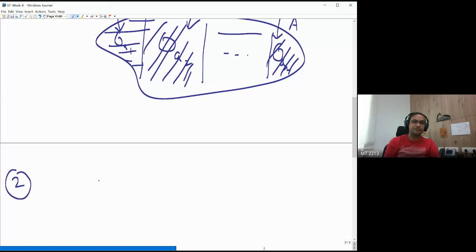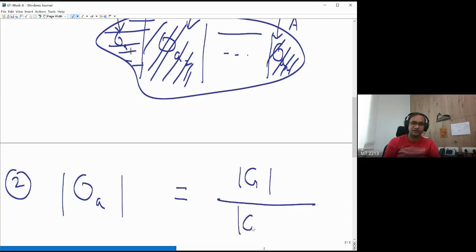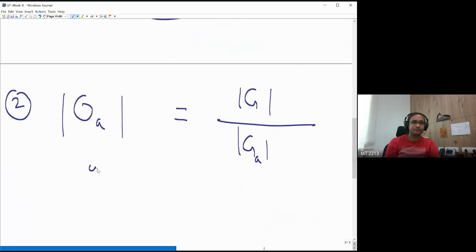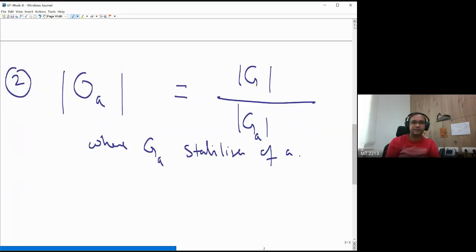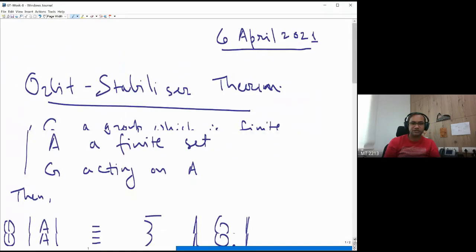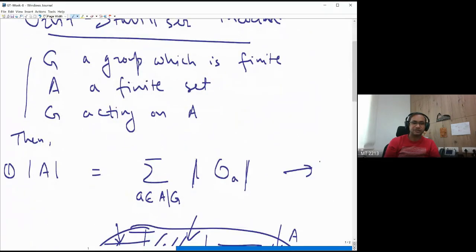The second part of the statement was that if I look at one orbit and want to compute its size, it can be computed by knowing the size of its stabilizer. That is, order of G divided by order of G_A, where G_A is the stabilizer of A, right? And hence we can rewrite the equation which is above. Let's say this equation was equation number 1. This equation 1 can be rewritten.